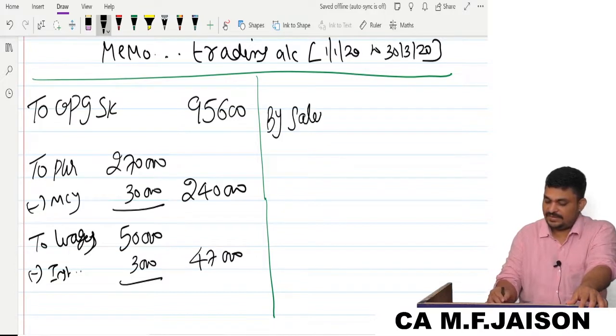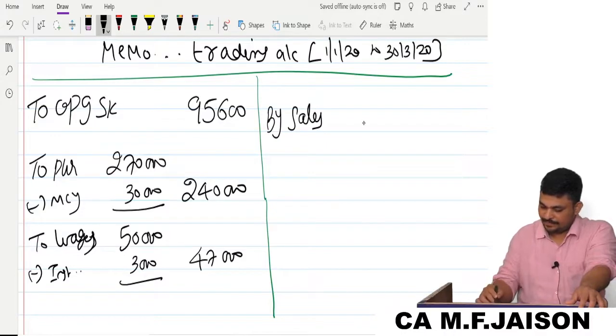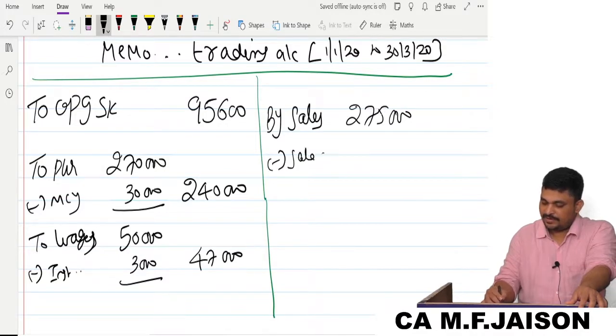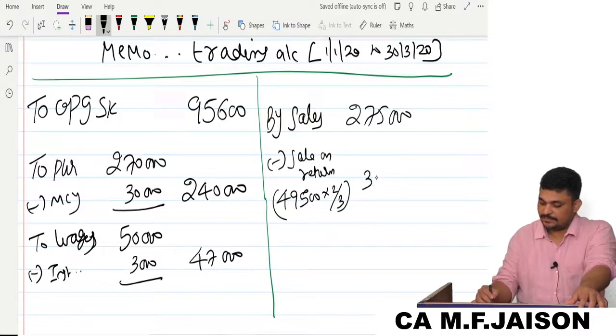Then sales, given in the question as 2 lakh 75,000, minus sale or return. It is 49,500 into 2 by 3, which is 33,000.